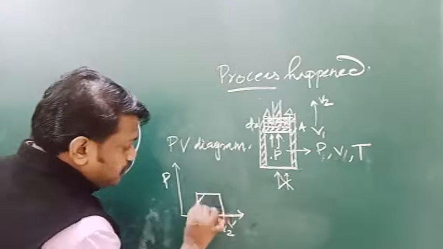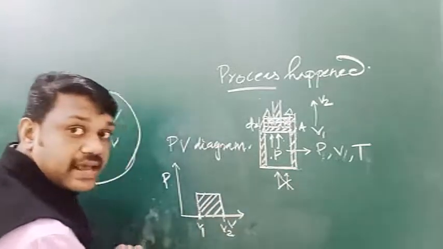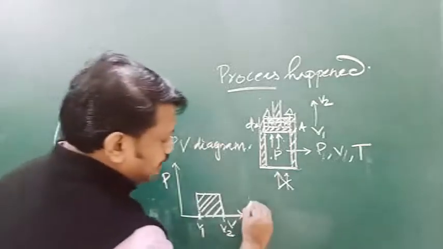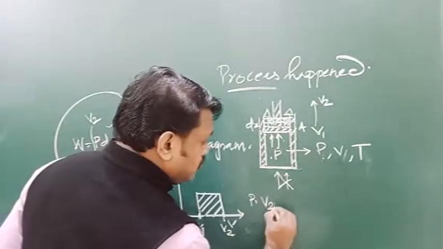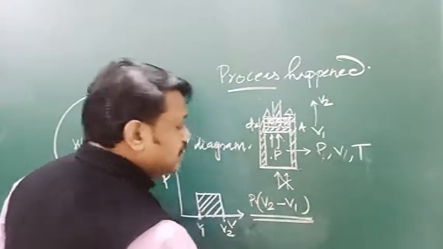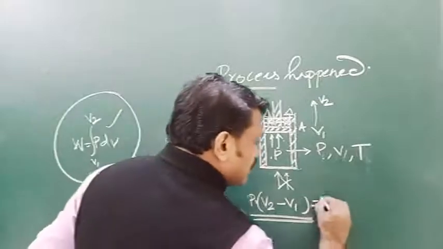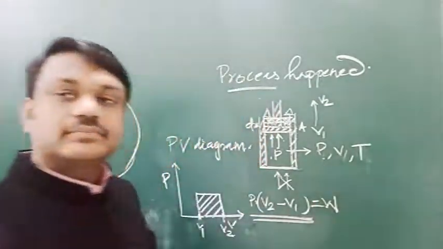Now, when you calculate the area under this curve on the PV diagram, it becomes P into (V2 minus V1). What is that? P into (V2 minus V1) is the work done.